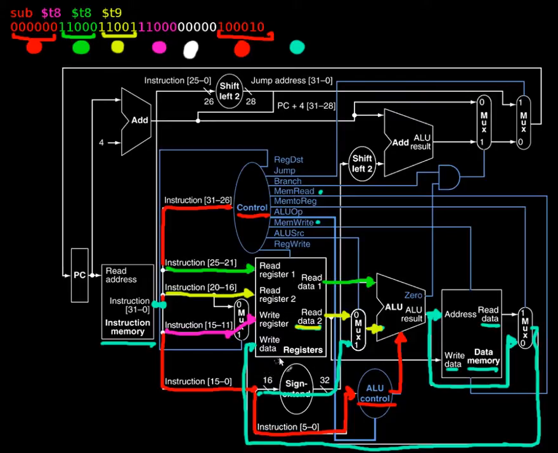So for data to be written to the register, the reg-write control signal has to be set to 1. So this control signal would also be 1. That finishes the instruction, but there's one last important thing to happen in order to get the next instruction coming out of memory, and that involves all this logic up here.